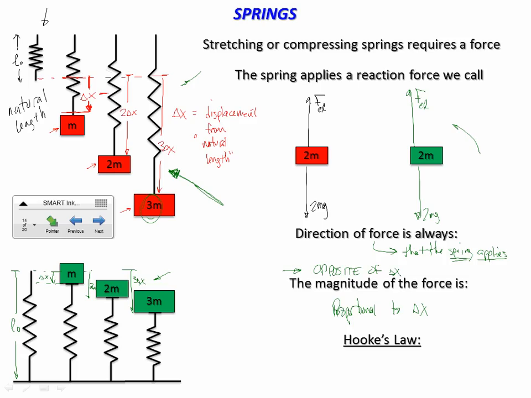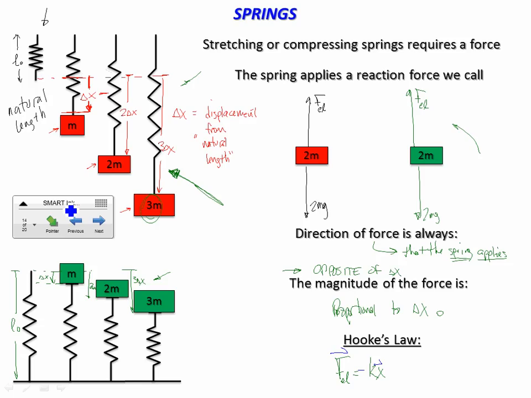So we can put this all into what we call Hooke's law. F_EL is proportional to x, but there's a constant of proportionality that we call k. Now, you can do this if you want.